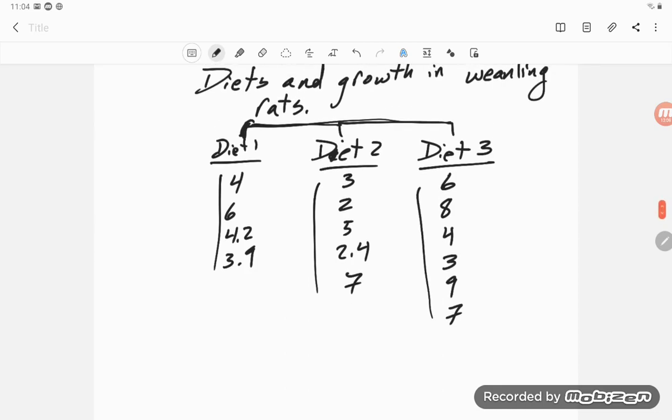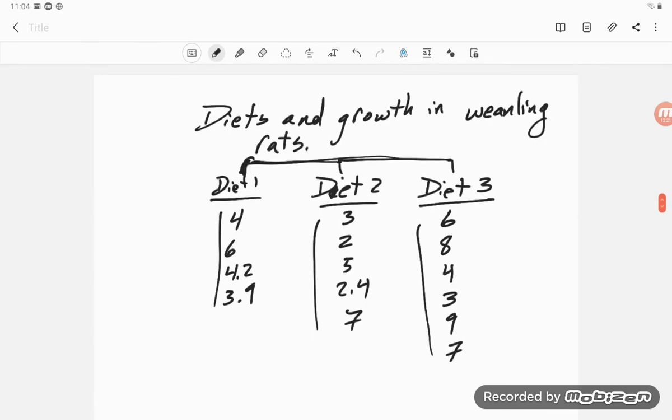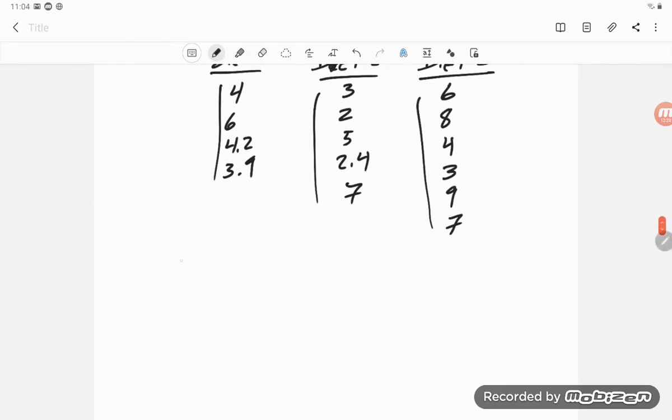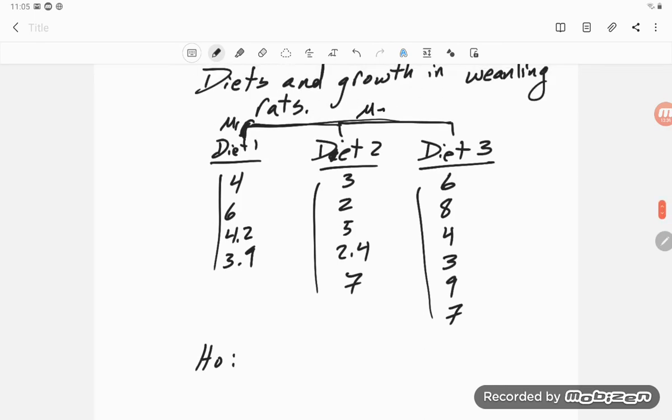And so what we would be doing is looking at the means of each of these and comparing those means and asking, in the case of an Anova, H0 would be, I guess we'd have a mu1, a mu2, and a mu3 for each type.